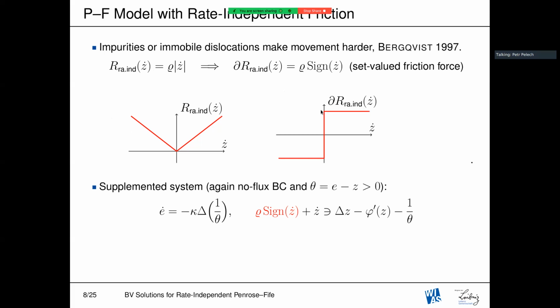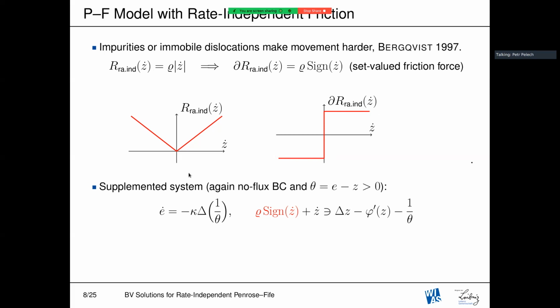It's a set-valued friction force, because if it doesn't move, then you may apply some force which is simply not high enough. But if it moves, then you have to apply precisely the high force. It cannot be lower, otherwise it would be at rest, but it also cannot be higher. This subdifferential is not surjective.